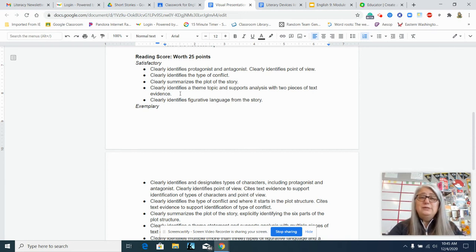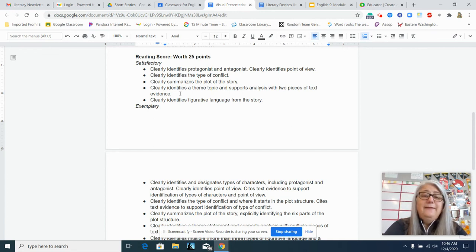So if you say the theme is about climate change, okay, show me 2 pieces of evidence that support your opinion that the theme is climate change, and explain why you think that. Okay. Why do you think this quote is showing you that climate change is the theme of this piece?